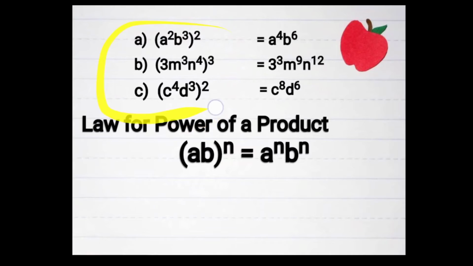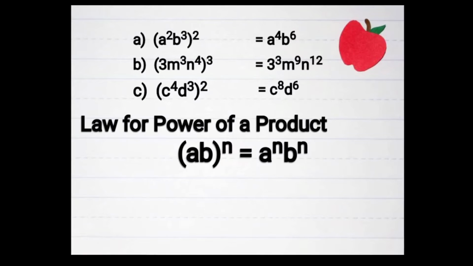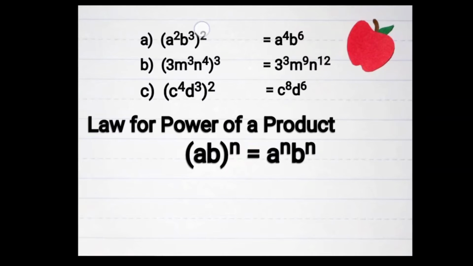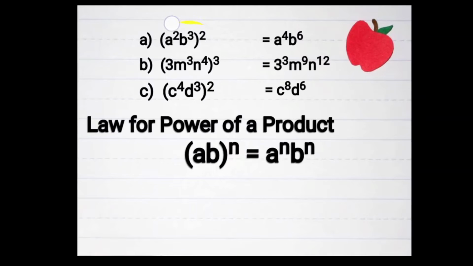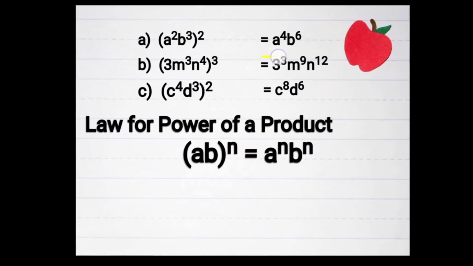Take a look at these examples. We have a squared times b cubed, squared. What you are going to do is multiply the outside exponent to the exponents inside the parentheses. Let's have the exponent of a. 2 times 2 is 4. That's why a raised to 4.